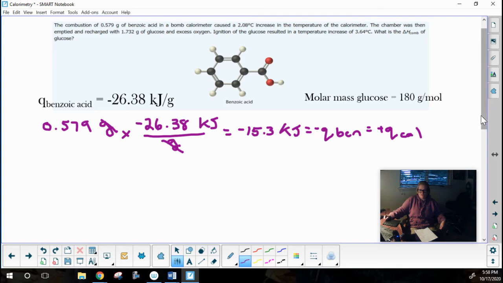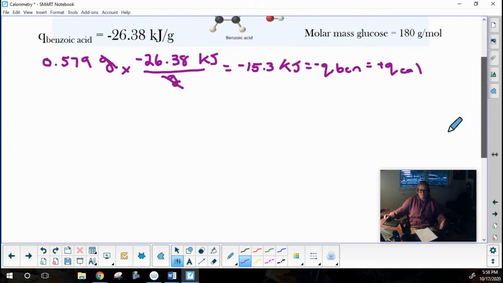So now it's time for us to get the heat capacity of that calorimeter. We'll denote the heat capacity of the calorimeter as C bomb, because it's a bomb calorimeter. 15.3 kilojoules of heat were absorbed for every 2.08 degrees Celsius that the temperature went up.